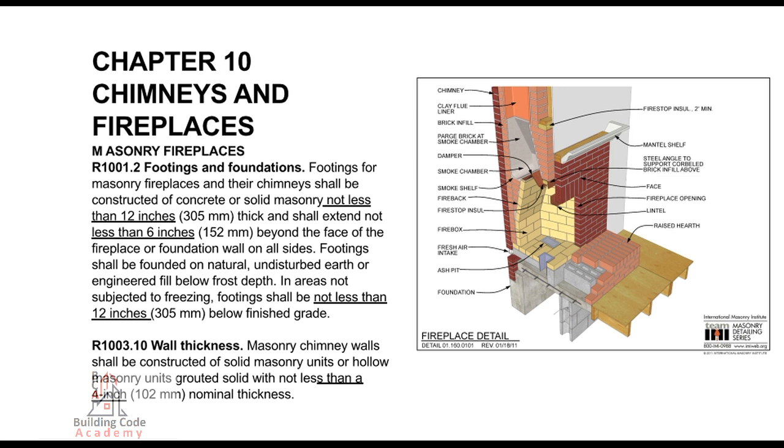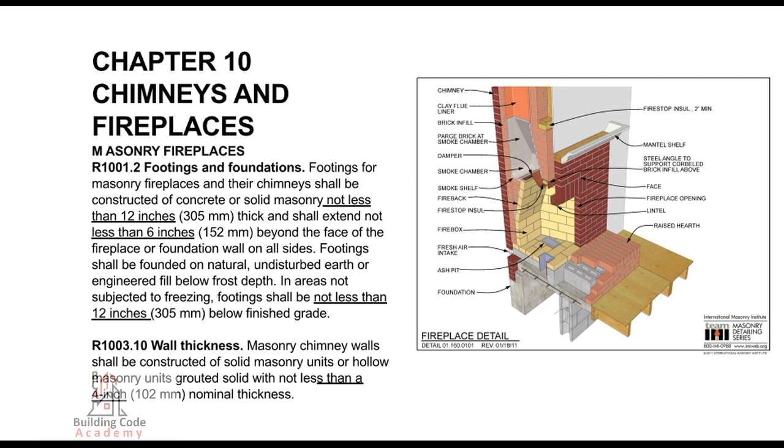Chapter 10. Chimneys and Fireplaces. Masonry fireplaces. R1001.2 Footings and Foundations. Footings for masonry fireplaces and their chimneys shall be constructed of concrete or solid masonry, not less than 12 inches (305 millimeters) thick, and shall extend not less than 6 inches (152 millimeters) beyond the face of the fireplace or foundation wall on all sides.